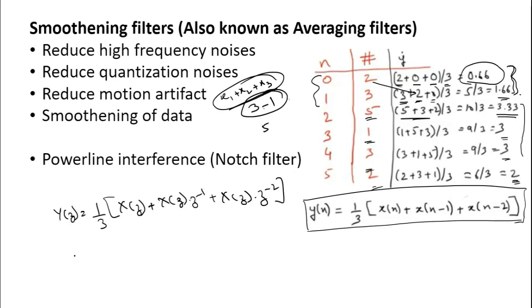So Y(z) by X(z) would be equal to 1 by 3 times 1 plus z inverse plus z to the minus 2. So by using the simplest averaging formula, which you might have studied from class 3-4, you have been able to design a filter itself. Right?